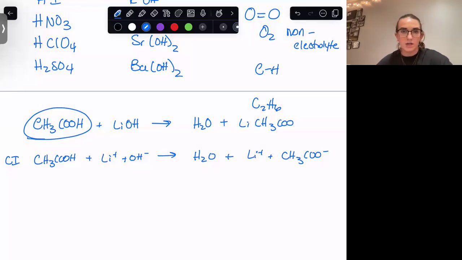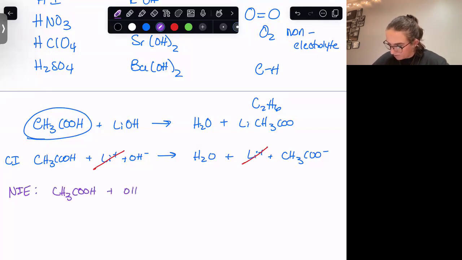The only thing that you can now cancel out is the lithium ions. So your net ionic equation keeps that first compound and everything else. And the only thing that we really care about is the water and the ion at the very end.